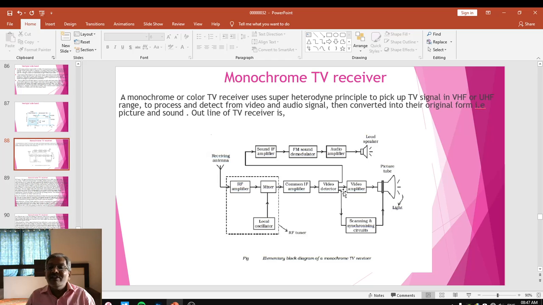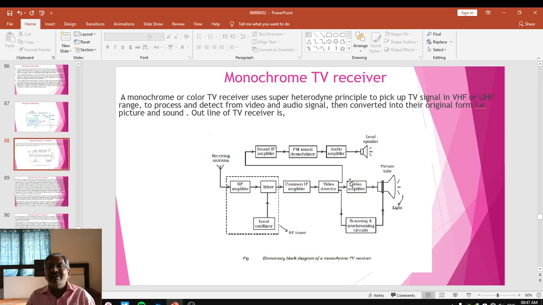The video signal is then given to the video amplifier. The audio signal is given to the audio section, especially to the sound IF amplifier, then the FM demodulator, and the audio amplifier. The output of the audio amplifier is given to the speaker.